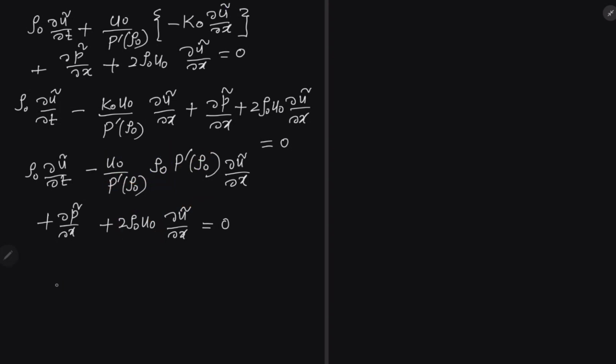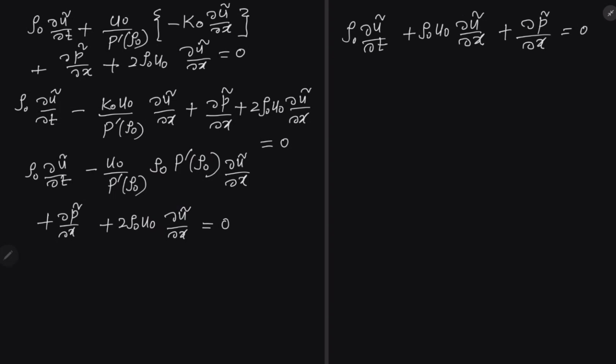So you get the idea. It becomes rho naught partial u tilde by partial t plus rho naught u naught partial u tilde by partial x plus partial p tilde by partial x is equal to 0. So that is one of the simplest forms that we want to get.